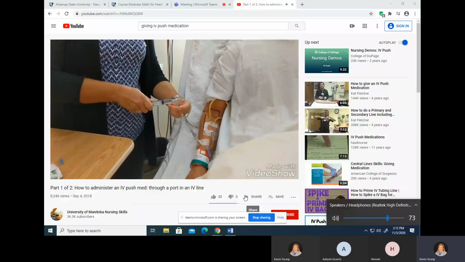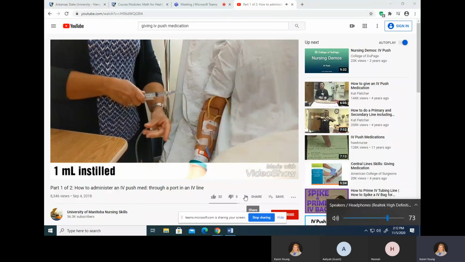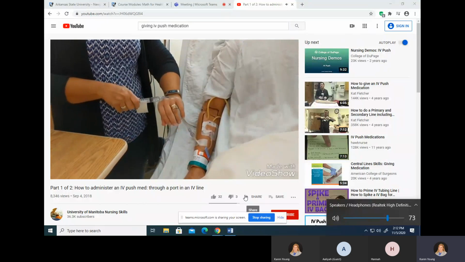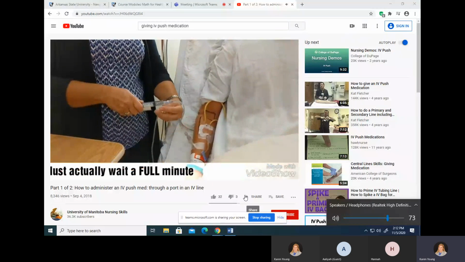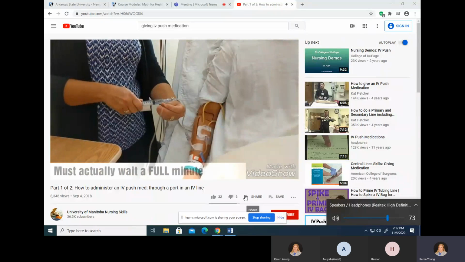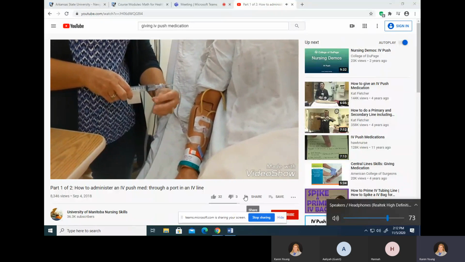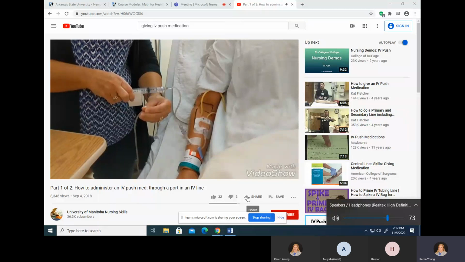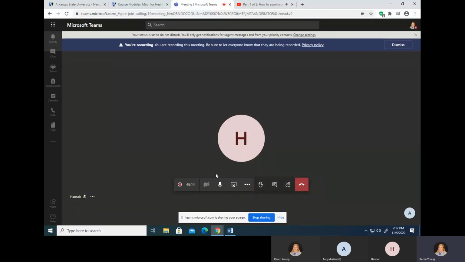I'm going to instill 0.1 of the mil. And I'm going to unpinch my tubing. I'm going to wait a minute as it's going through. Okay. I'll do it different than what I was told. I'll have the tubing in, put the next 0.1 in. Keep this open for a minute, and then wait. I'll stop that for right now.